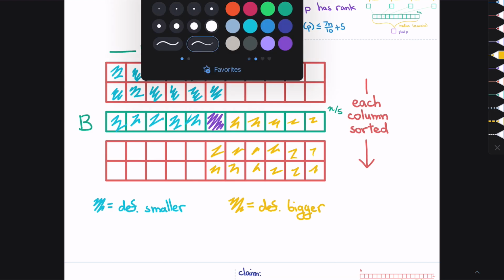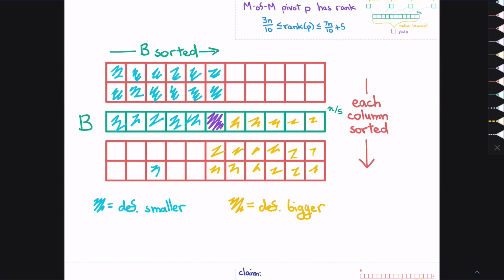It's possible that this guy is smaller and stuff like that, there may be others, but in the worst case, at least those are smaller. So at least how many are smaller? Out of the n over 5 groups, half of them are including the median and to the left, so times 1/2.